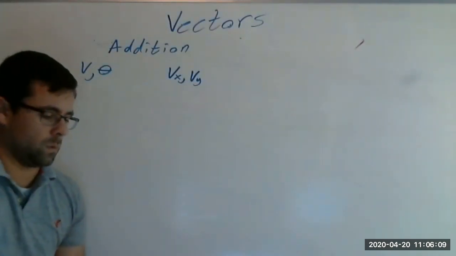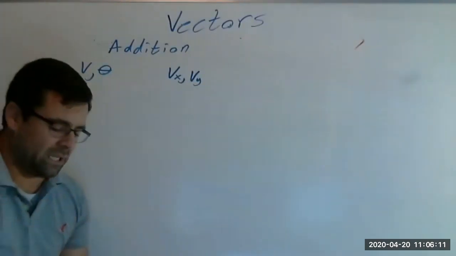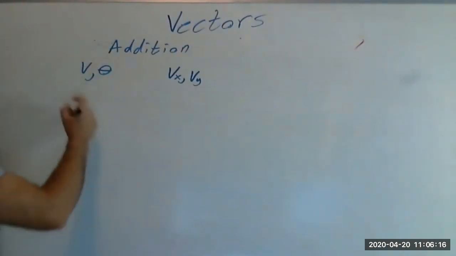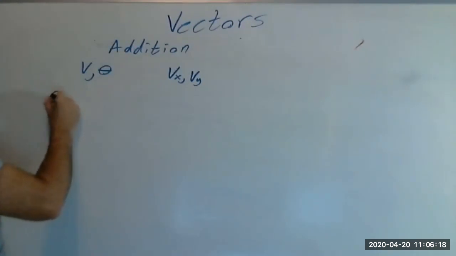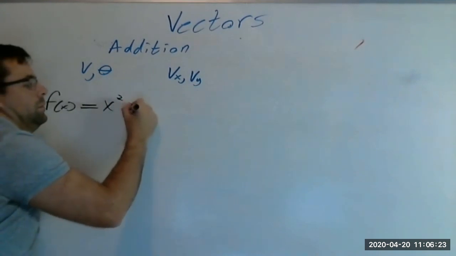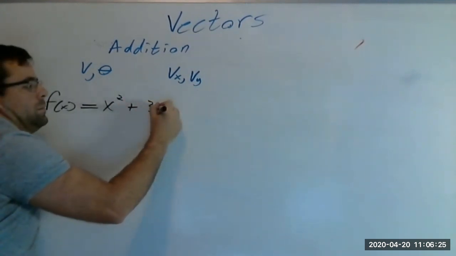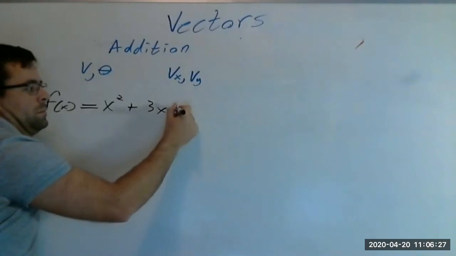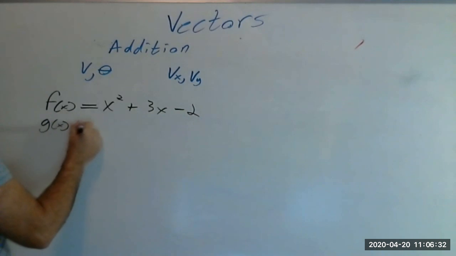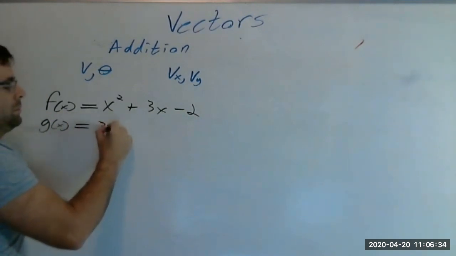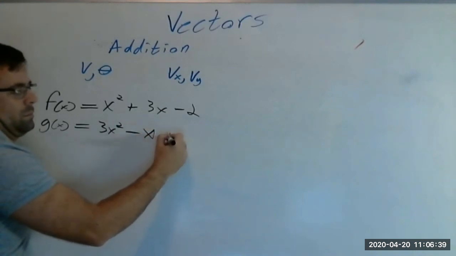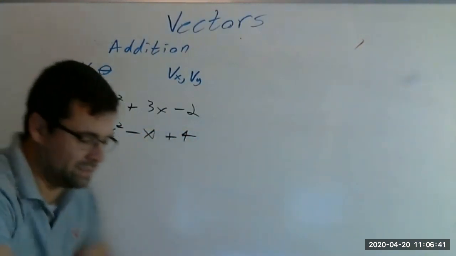So when adding two polynomials together, we'll say these two polynomials.